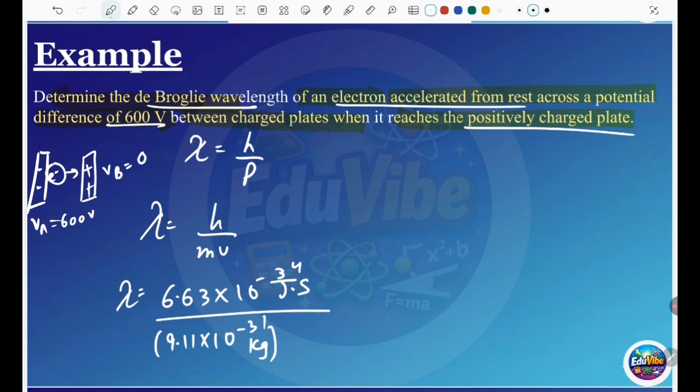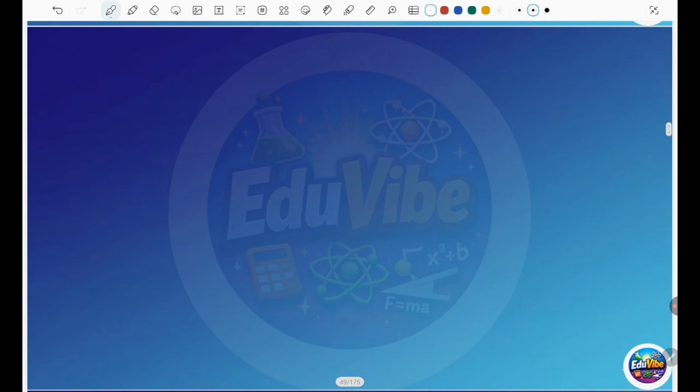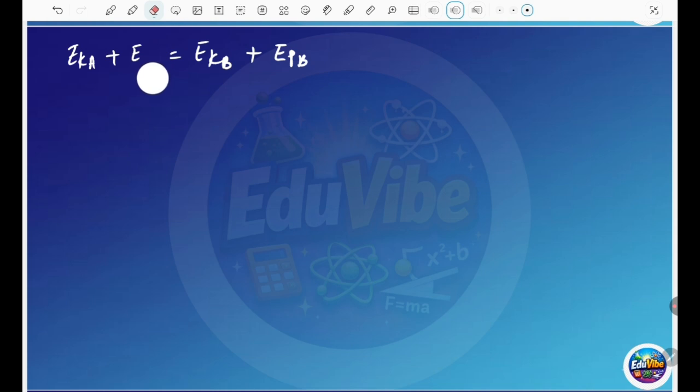So you want to calculate v from this potential difference, and you use the law of conservation of energy. You know EKA plus EPA is equal to EKB plus EPB. Initially it is at rest, so the kinetic energy at A goes out.